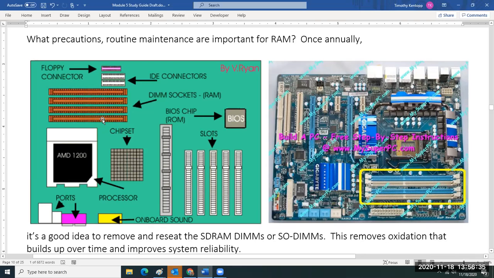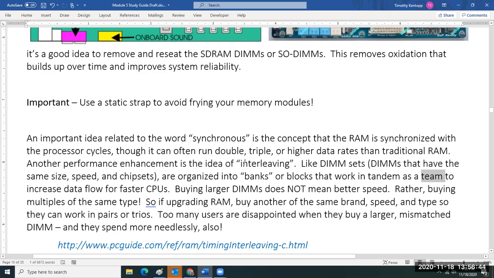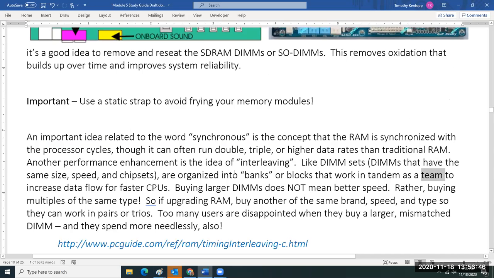If you could triple them up, you'd have 3 of those modules together, dual data rate 3, you get multiples. Is there any question about how you can synchronize RAM modules for better performance into banks? But they have to be the same size and the same speed. If they're not the same size and speed, that doesn't happen. Any questions about interleaving and RAM?